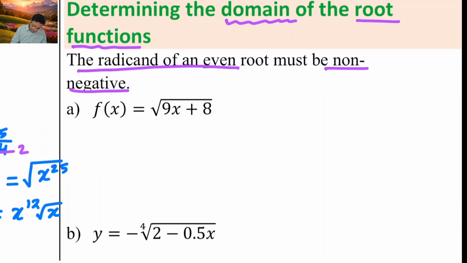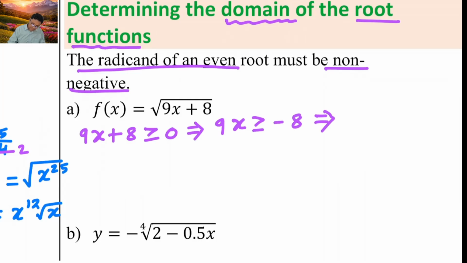So to find the domain here, solve this inequality. 9x plus 8, which is the radicand, equal or greater than 0. And that gives you 9x equal or greater than negative 8. You change the side. Now you divide by 9 on both sides. Negative 8 over 9.